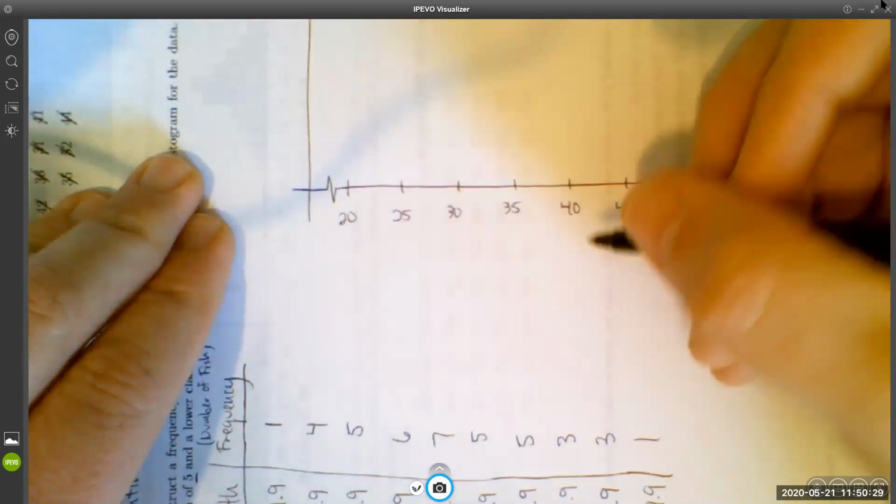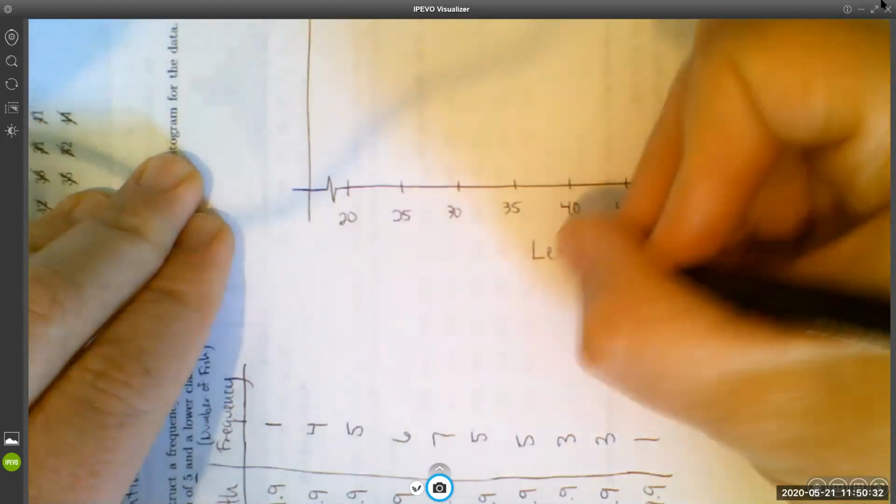Okay, so down here we have the length in centimeters.